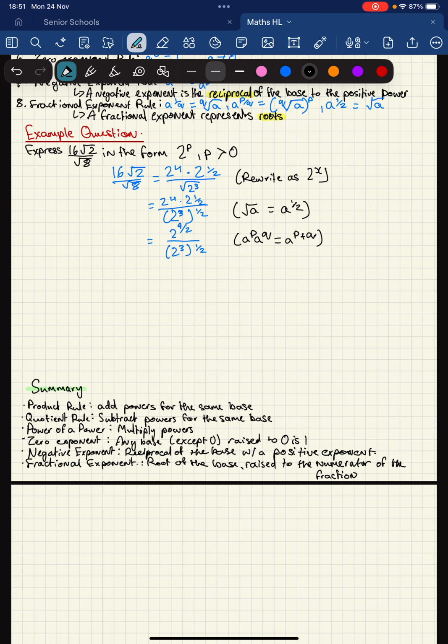The bottom stays the same here, and now we're going to address that bottom denominator. So we still have our 2 to the power of 9 over 2, but when we look to the bottom, we have 2 to the power of 3 over 2. That makes sense?